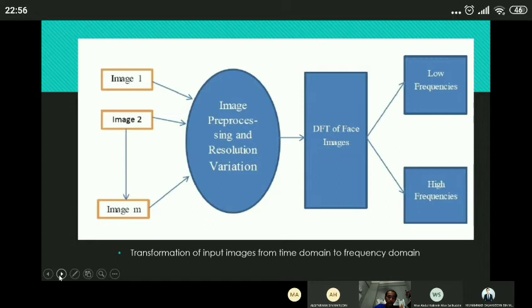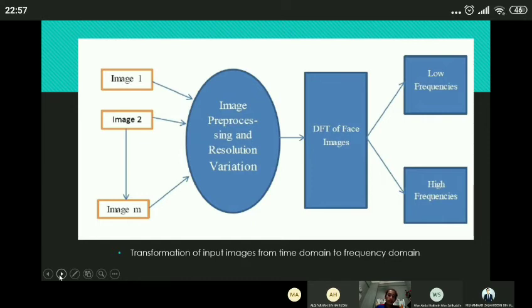So this one is the transformation of input from the time domain to the frequency domain. At the first step, the image sensor will capture the image. Then it will send it to the image preprocessing and resolution variation block. The image sensor will also capture a second image, then send it to the same block as image 1. In the second step, the image preprocessing and resolution variation block will send the data to the DFT of face recognition.